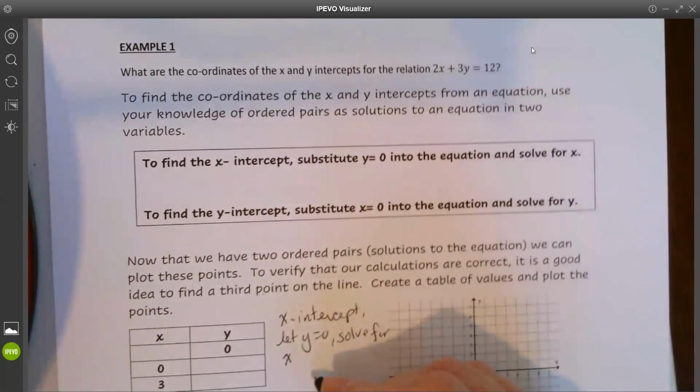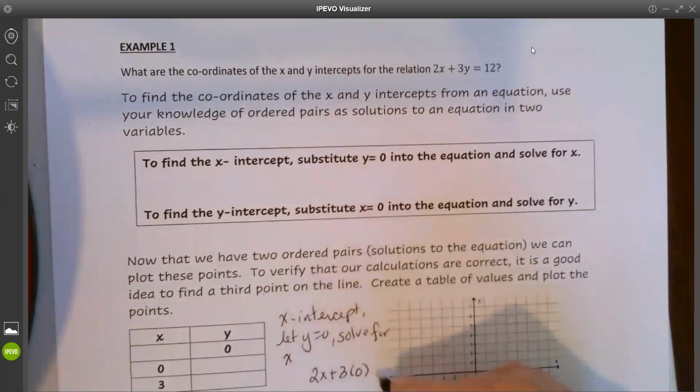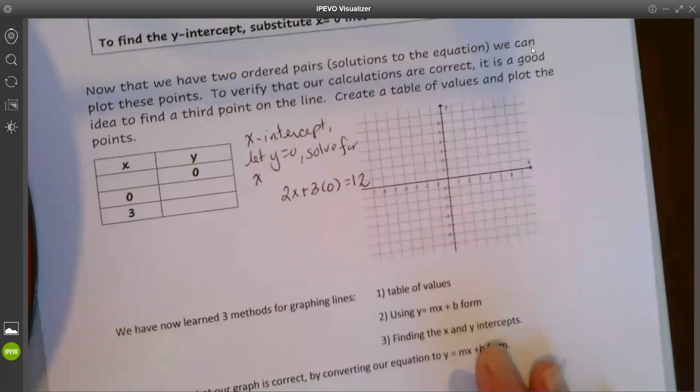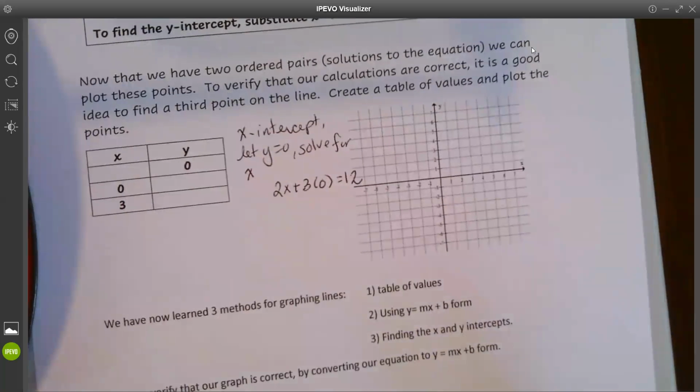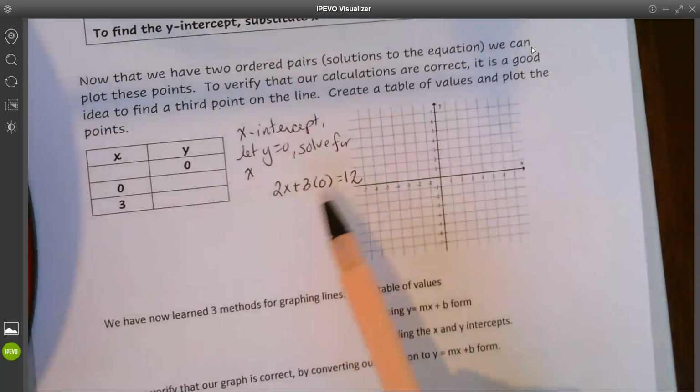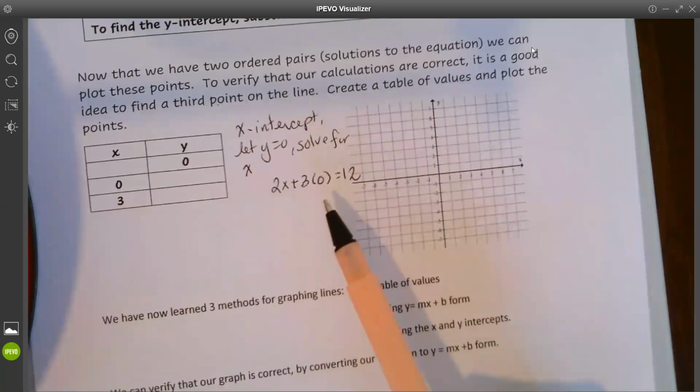So we will write 2x plus 3, replace y with 0. And this is what I mean when we say we replace and we solve. We're using our understanding of what a solution is. With an ordered pair, you choose one of the values for X or Y, and then you substitute it into the equation and you find its partner.